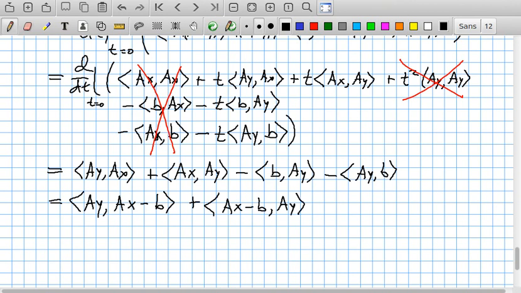Now, something interesting is going on here. See, we wanted these to be both 0. Well, and we've got these y's floating around. Now, y is arbitrary. So really, what we should do is rewrite this a little bit. We want the a to be bumped over to the other side. And this is where, remember last time when we talked about Hermitians, we said a Hermitian matrix is one that doesn't change when you do this.